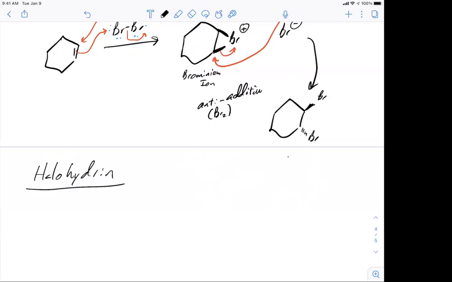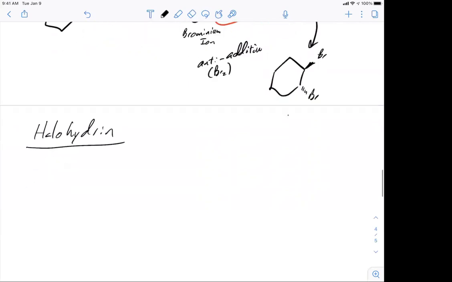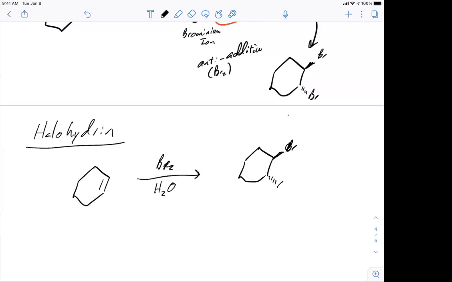Okay. The next thing we need to look at is halohydrin. If we take a halide, but now do the reaction in water, we'll end up with a halohydrin.